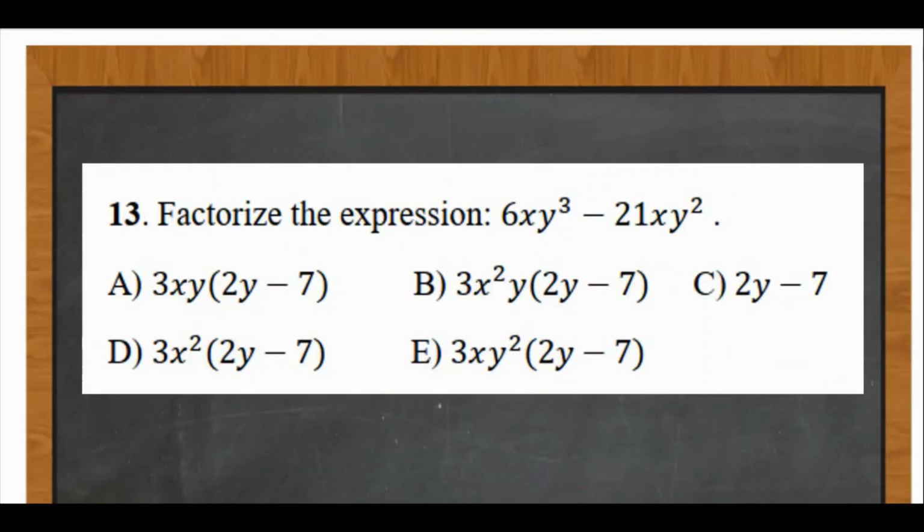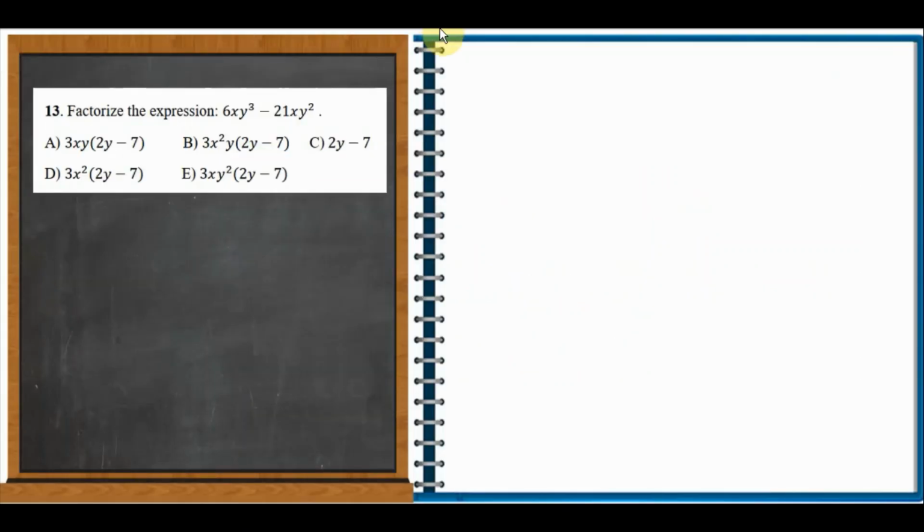Question number 13. Take a look at question number 13. This is about factorization. As you see, that's not such a difficult question. Now let's rewrite this question one more time. 6xy cubed minus 21xy squared is equal to, we can take common factors outside the bracket. The HCF of 6 and 21 is 3.